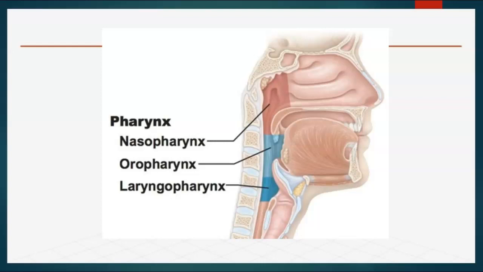So here I'm showing the pharynx, or the throat, that's between the mouth and the GI tract, and it has a role in both digestion and gas exchange, like I said. So air is breathed in through the nose and passes down the nasopharynx into the oropharynx and down into the trachea.